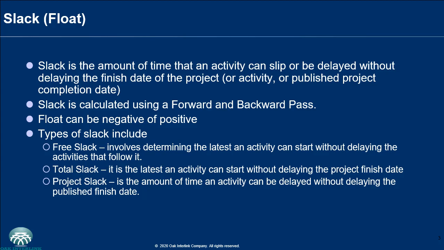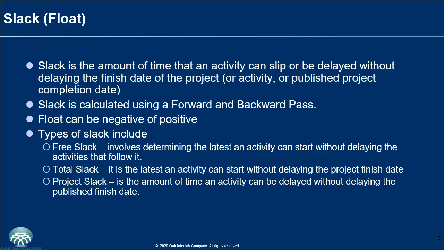Slack is measured in time, that is in terms of weeks or days or months. It is calculated using a forward and backward pass, which is one of the concepts that we're going to learn in this module. Slack, otherwise known as float, can be negative or positive. It is negative when the project is behind schedule. At that time, slack can become negative, but ordinarily it will be positive.